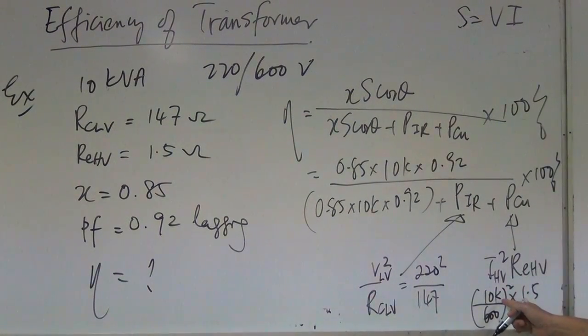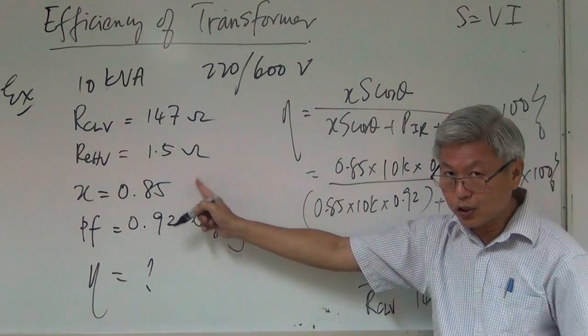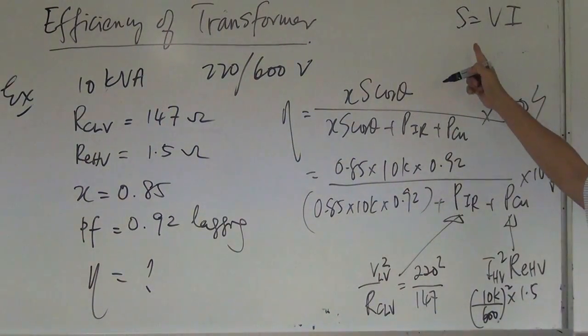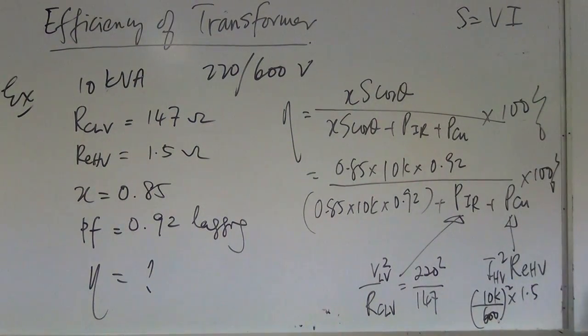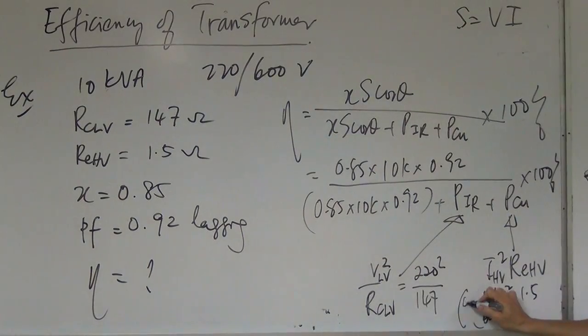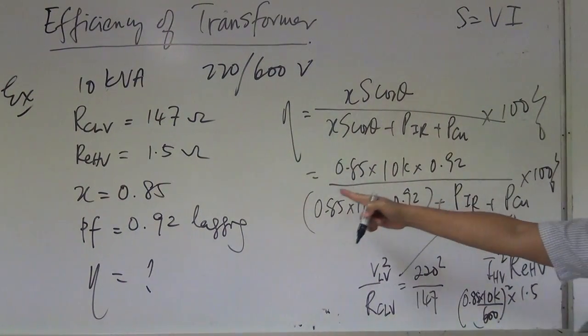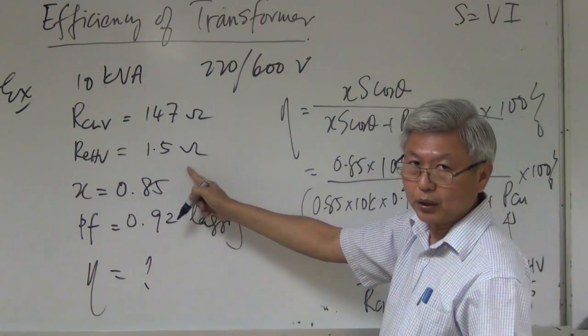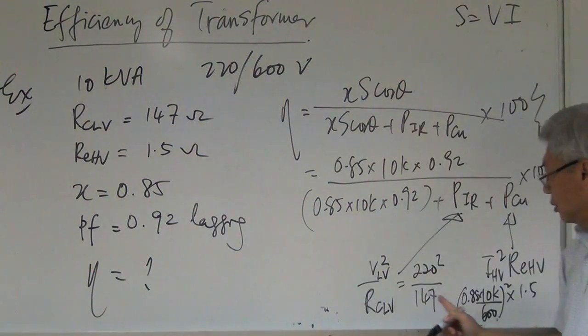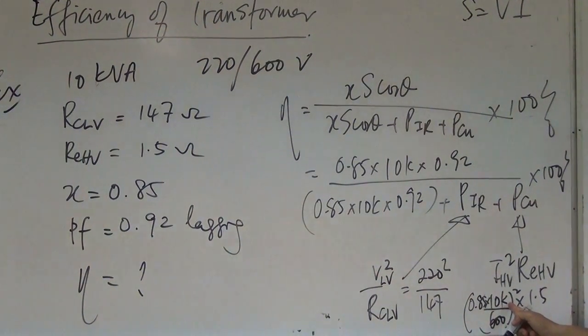But be careful. Am I using full load? No, I'm not using full load. I'm using partial of the load. So my apparent power, is it 10 kVA or 0.85 times 10 kVA? It should be 0.85 times 10 kVA, because I'm not operating on full load. Right? So 0.85 times 10K, that's my load.